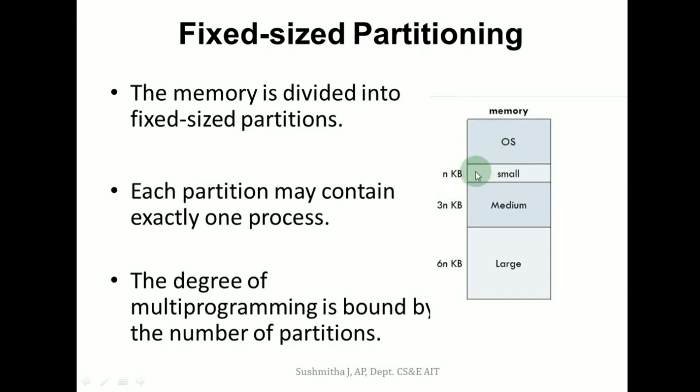In single partition we had the whole of this space as one single partition for the user process. Now in multi-partition, this space that is available for user process is divided into multiple fixed size partitions.